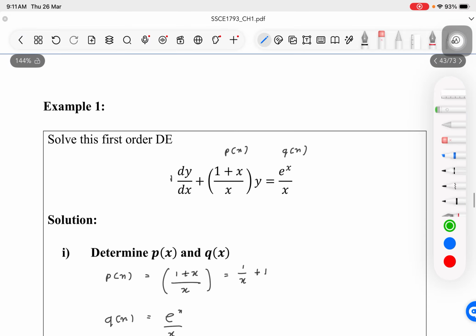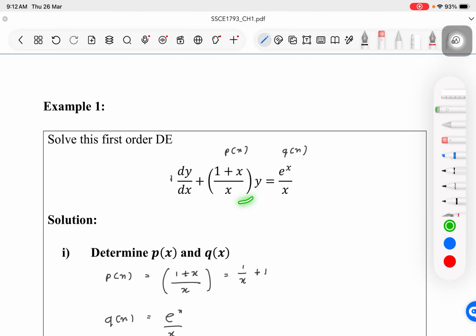For the first example, they give you this equation. First thing first, if you want to confirm that this equation is linear, rather than homogeneous or separable, the coefficient of dy/dx must equal 1.